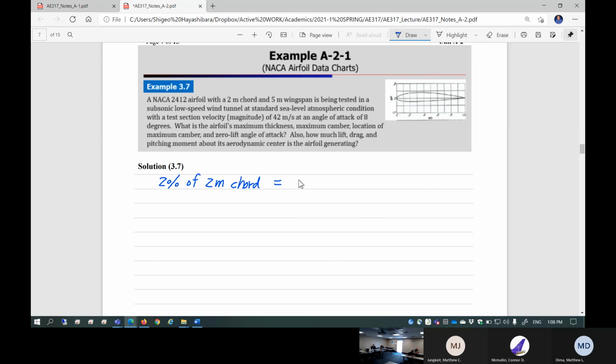No, that's 12%. The maximum thickness is 12% of the 2-meter chord. What's that? 0.24 meter. So that's the maximum thickness.